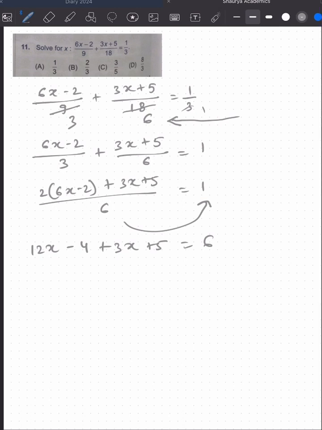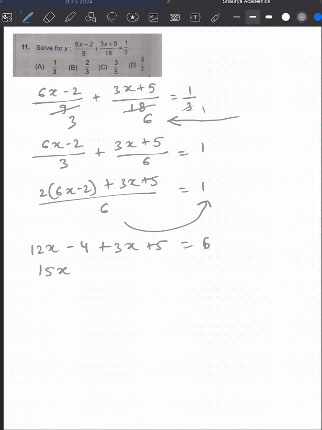Once again, variables on the left hand side, numbers on the right hand side. So 12x plus 3x is 15x. Minus 4 plus 5 is plus 1. This is not 1, this is 6.